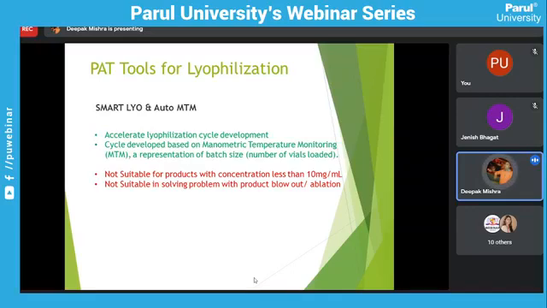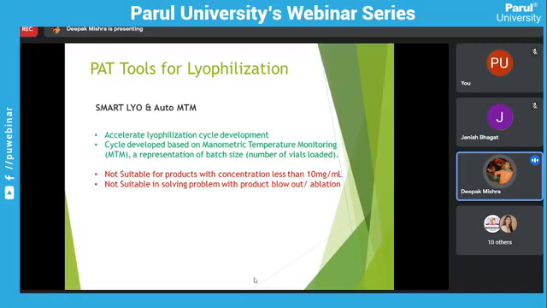And also AutoMTM is the cycle. If you develop any cycle, you can check whether your cycle is in agreement, and whether your vial size and drug product material are good or not. We can check this very effectively with Smart Lyo and AutoMTM mode. It is very useful from the industry point of view, and from the lab and academic point of view, it is very helpful to develop the cycle.